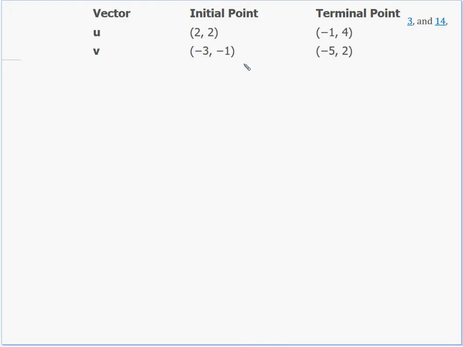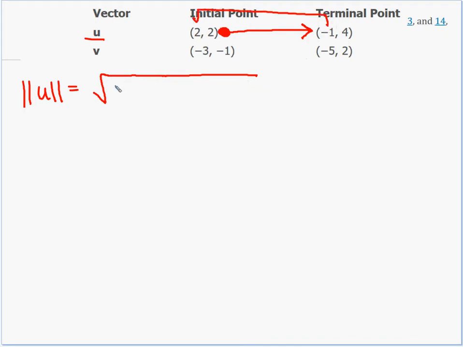I'll use red ink here for vector u. We start at the initial point, and the vector goes and stops at the terminal point. Magnitude of u. Remember, that's just going to be the distance formula. So we're going to subtract negative 1 minus 2, squared, and then 4 minus 2, also squared.